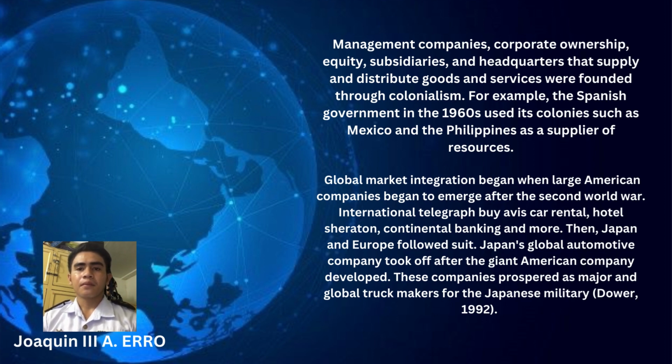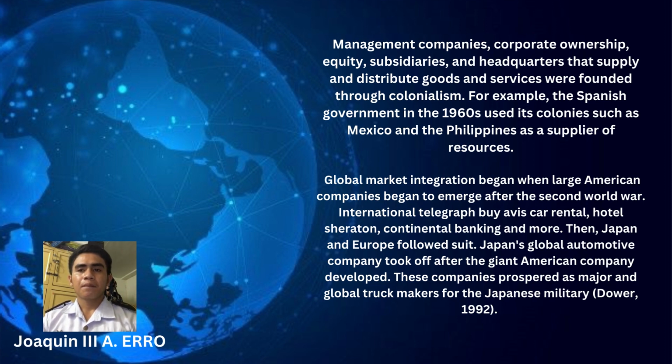International Telegraph, Hertz Car Rental, Hotel Sheraton, Continental Banking, and more. Then Japan and Europe followed suit. Japan's global automotive companies took off after the giant American companies developed. These companies prospered as major global truck makers for the Japanese military.